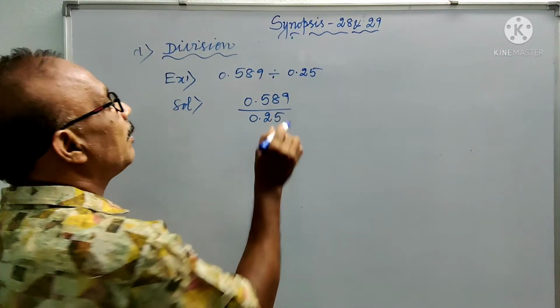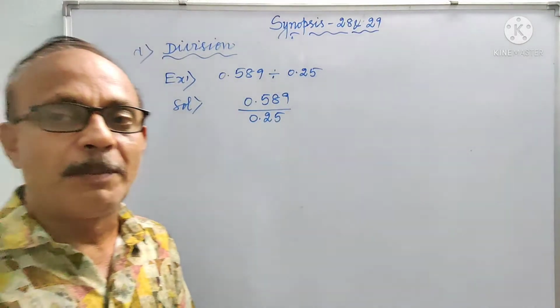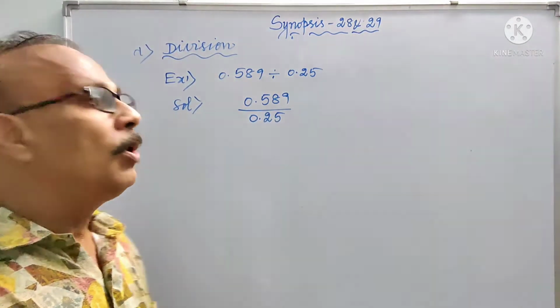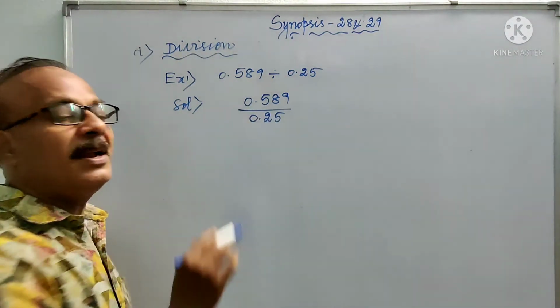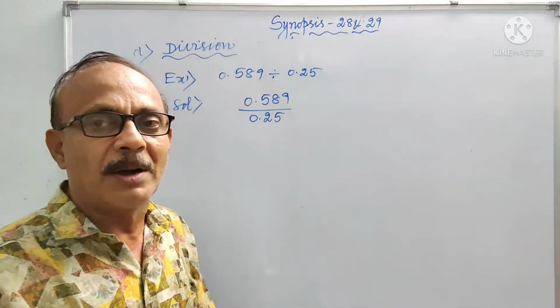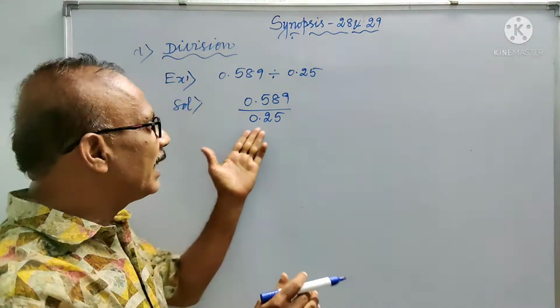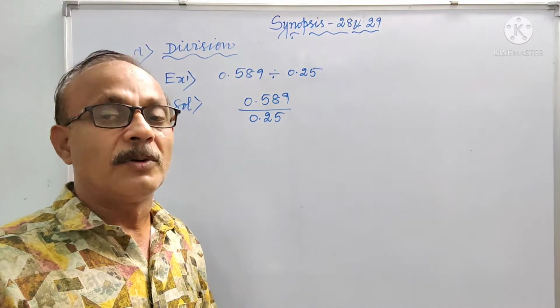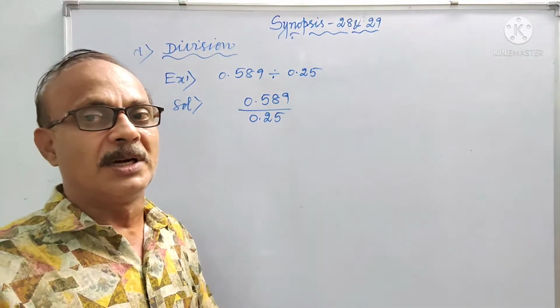So 0.589 divided by 0.25. Now here this 0.25 must be changed to a whole number. So the only possibility is it must be made 25. To make it 25, we use the rule we have just learned.